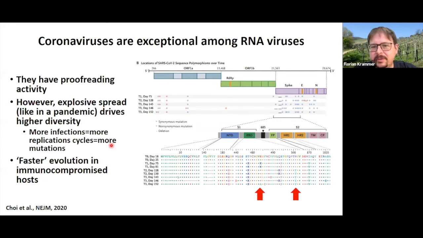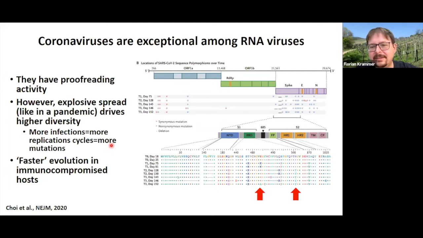Coronaviruses are an exception because they also have a proofreading activity. So they actually mutate less than, for example, flu or mumps or measles. But the problem here is that we had explosive spread during the pandemic. And the more infections you have, the more replication cycles you have, and the more replication cycles you have, the more chance there is for a mutation.